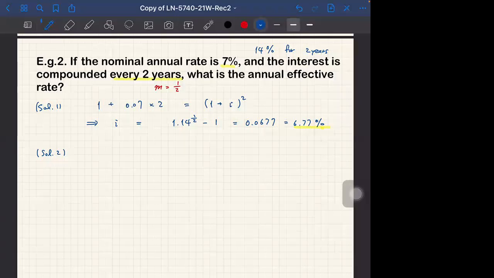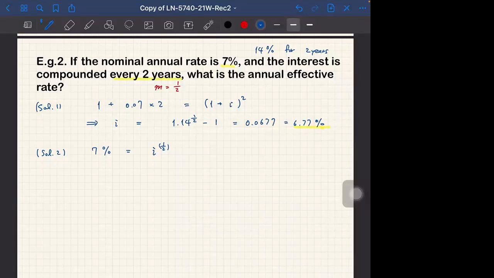Actually, the 7% is i superscript 1/2. So i is unknown, but this is the case.